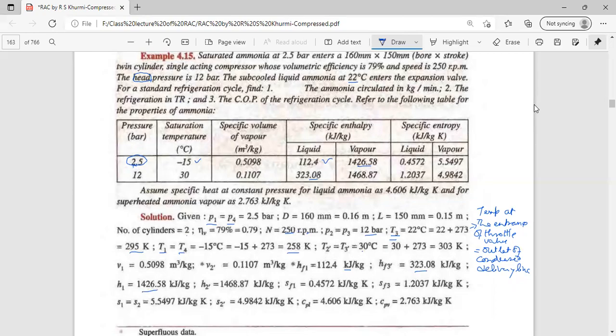And h2 dash is the enthalpy of the vapor at the dry saturated line when the refrigerant is reduced from the superheated state to the saturation state. It is situated on the dry saturated vapor line corresponding to temperature T2, the higher temperature of the system, and is given by 1468.87.